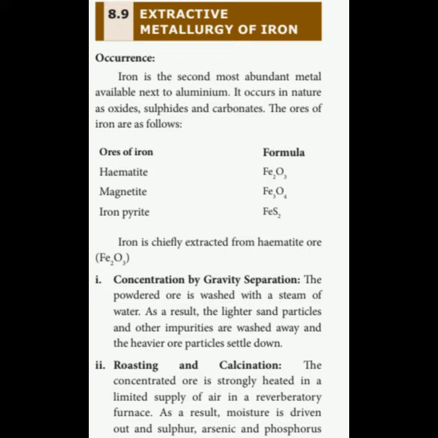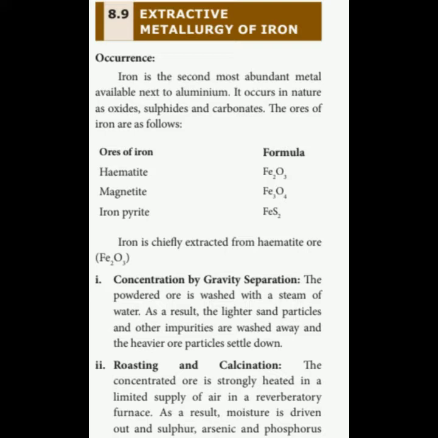After concentration, the roasting and calcination process is carried out. The concentrated ore is strongly heated in a limited supply of air in a reverberatory furnace. We know what roasting is. Roasting is a process in which the ore is heated at high temperature with an excess of air.